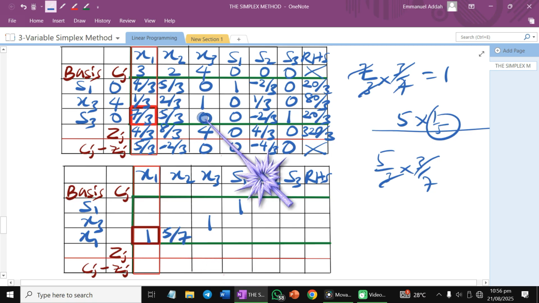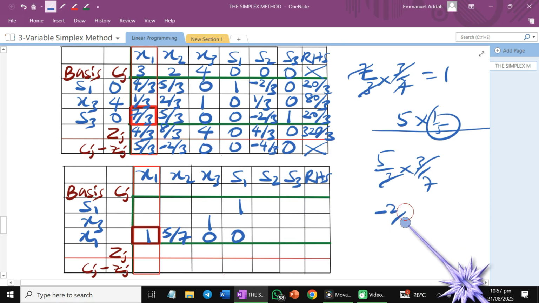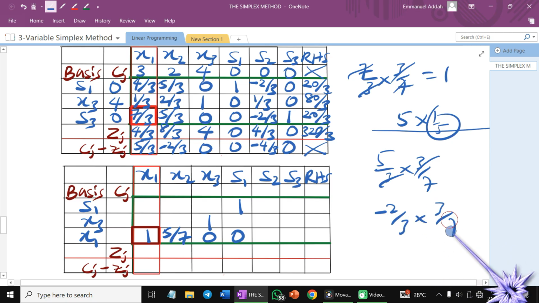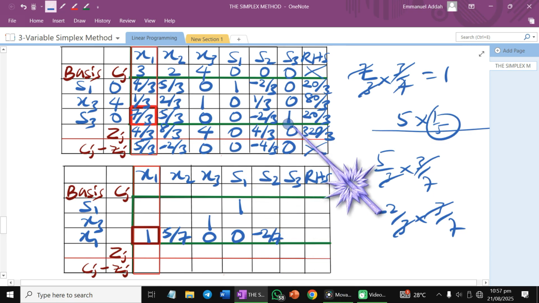Now the next one, here is 0 times 3 over 7 will give us 0. Here is 0 times 3 over 7 will give us 0. This is minus 2 over 3, minus 2 over 3 times 3 over 7. That will be minus 2 over 7. The next one is 1 times 3 over 7.